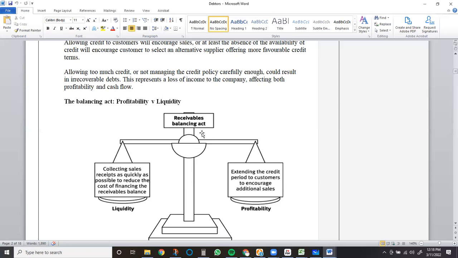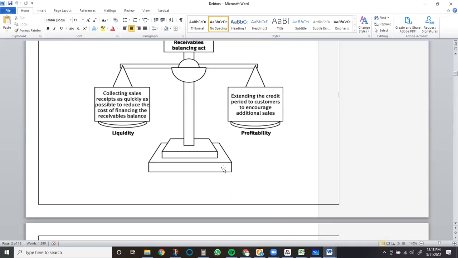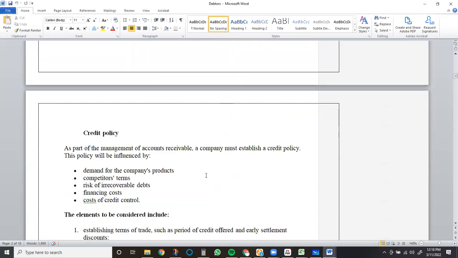It can simply mean that customers are taking very long to pay because of poor debtors management, and a lot of that 700,000 on the left-hand side may be debts which the company may not actually be able to recover because it's gone over 90 days, 120 days, things like that, all because of poor debtors management.